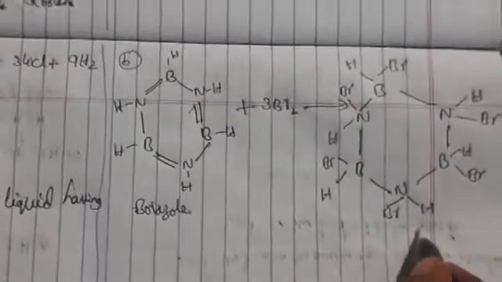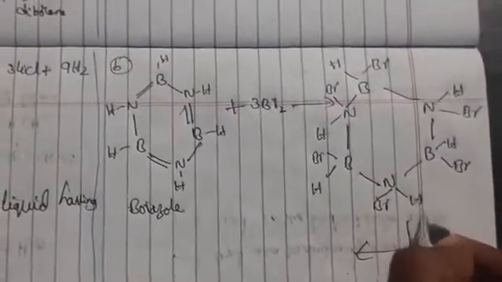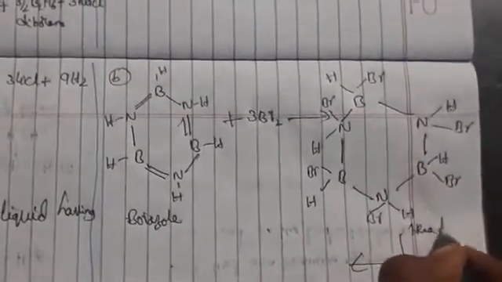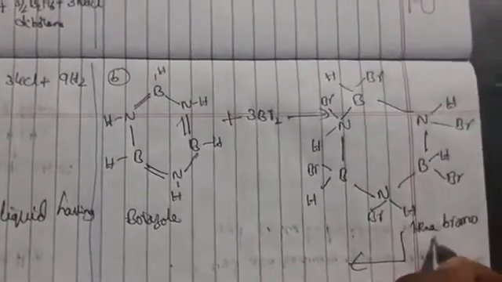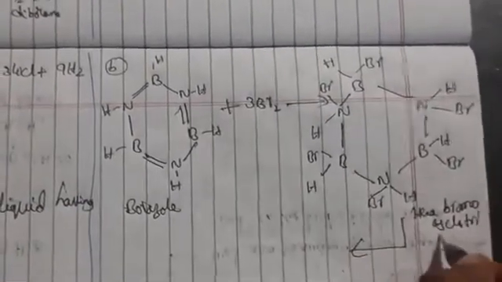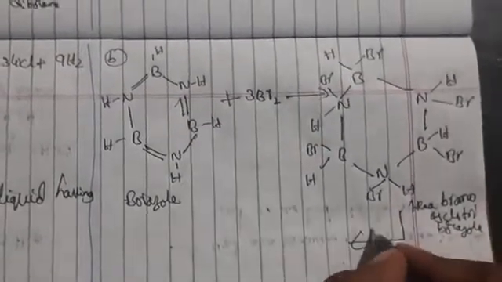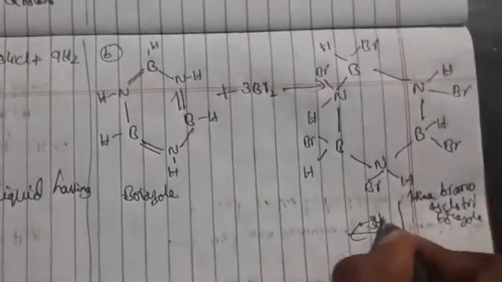Again, when you heat this compound, hexabromocyclotriborazole we have got. What is the compound we have got here? Hexabromocyclotriborazole. When you heat it again, there will be a loss of 3HBr.